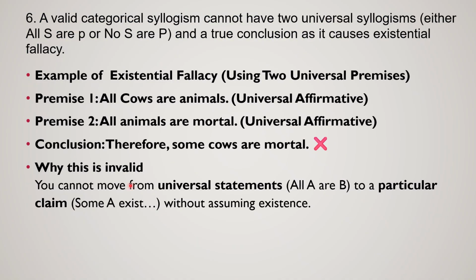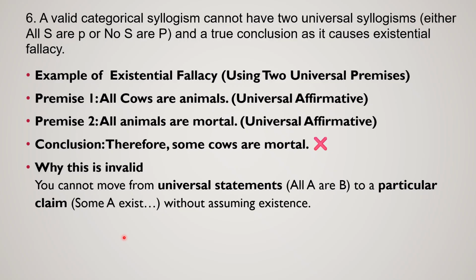The sixth and the last rule of the categorical syllogism is that a valid categorical syllogism cannot have two universal premises and a particular conclusion, as this will cause an existential fallacy.